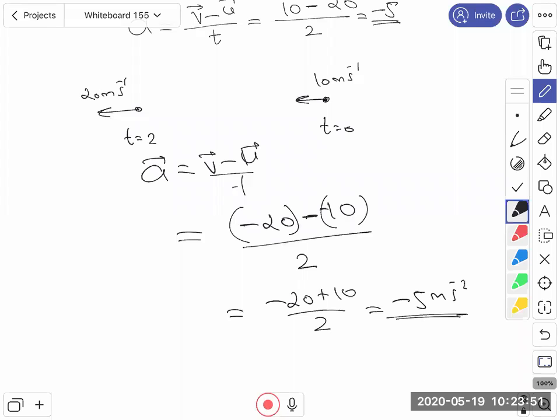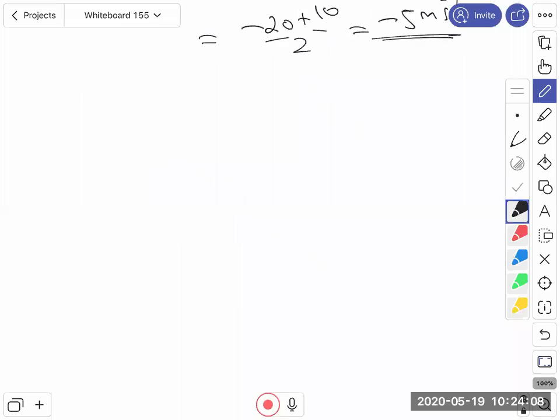It means there is a decrease in speed along the positive direction or an increase in speed along the negative direction.